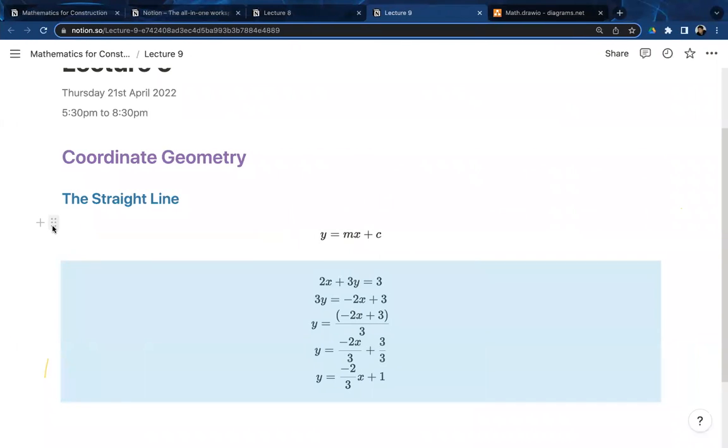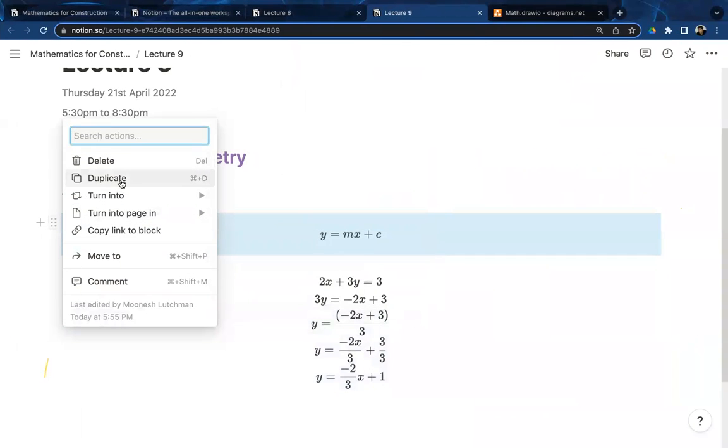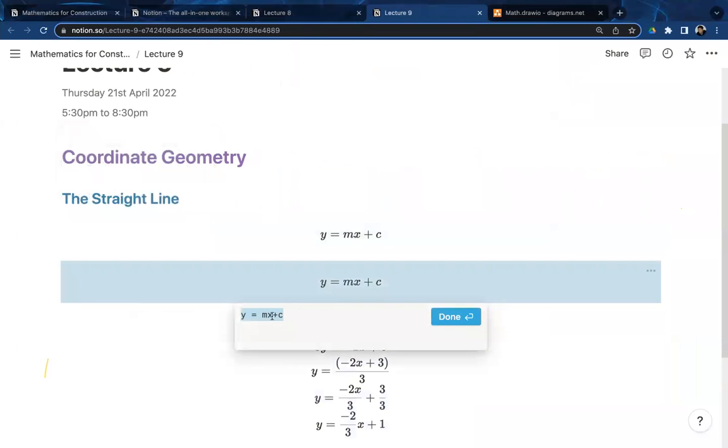So this is one equation here. There's another equation, right? This is another equation.